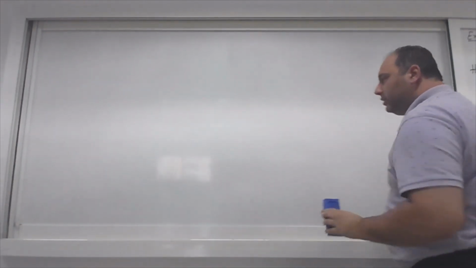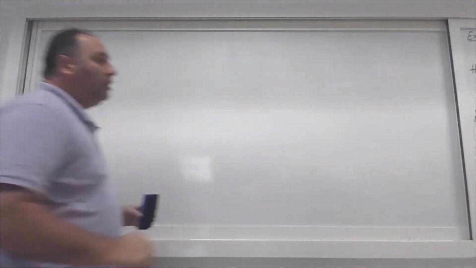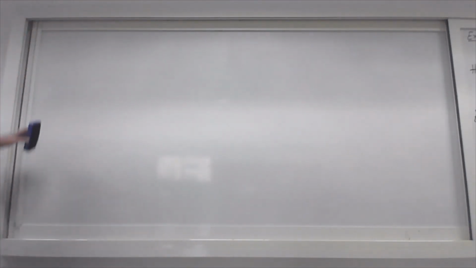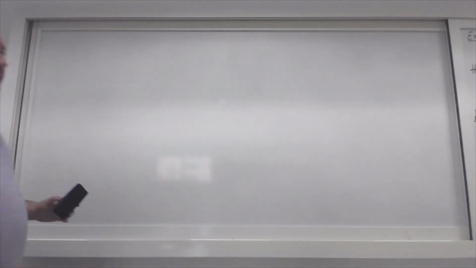So here's the trick. When we have 3 by 3, 4 by 4, 5 by 5, 10 by 10 matrices, the tricks that we had don't work. Now we need a clear method.